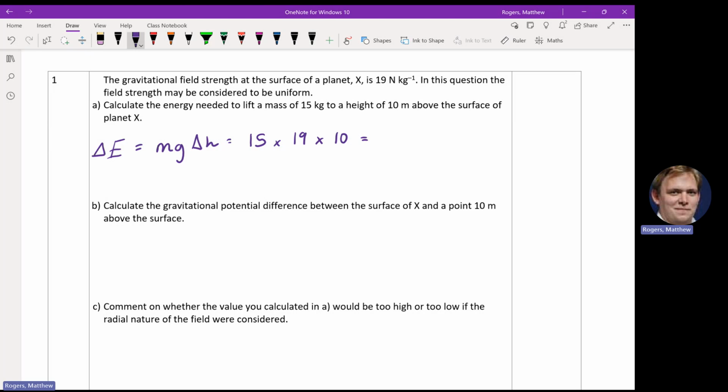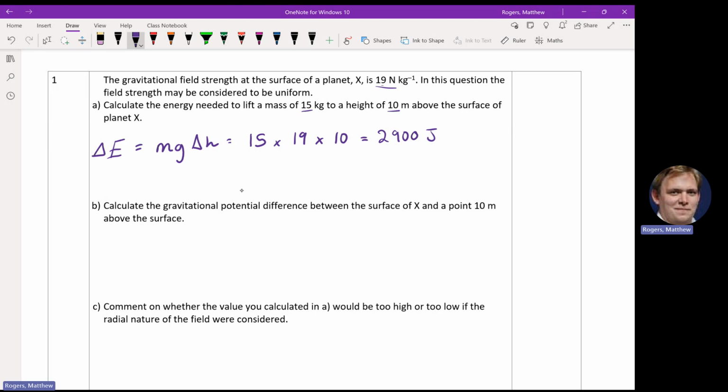So that's 2850. Because this is a physics question, we should think about significant figures, which look to be 2. So 2900 joules.